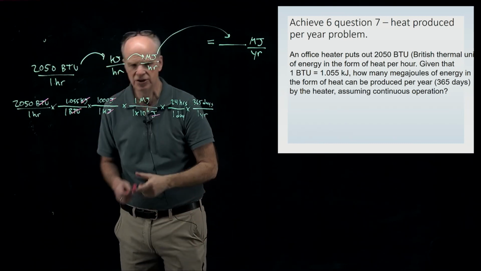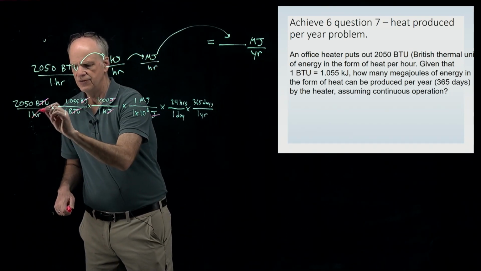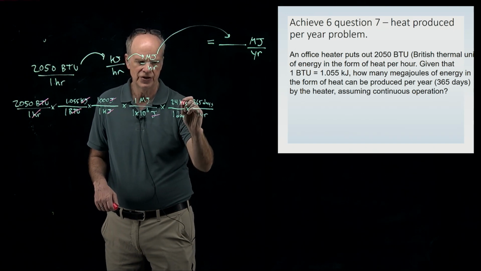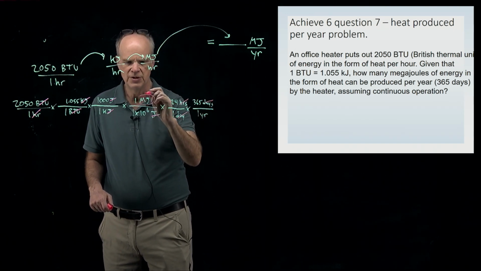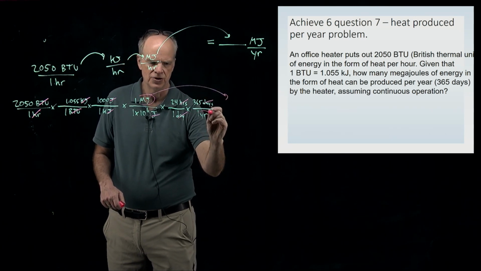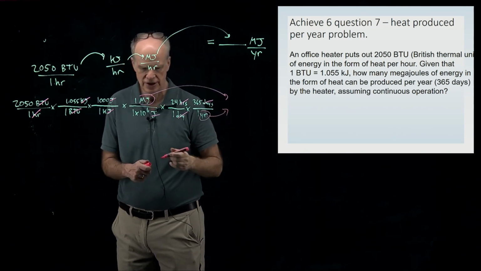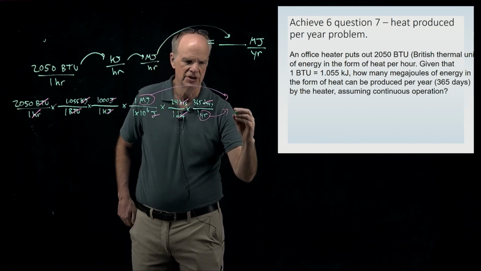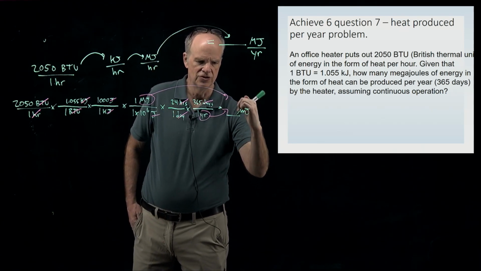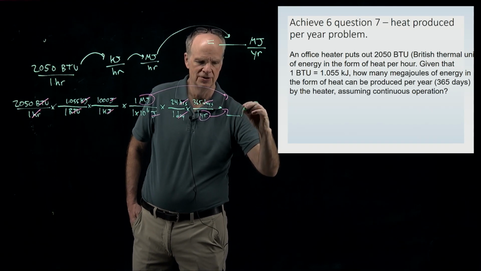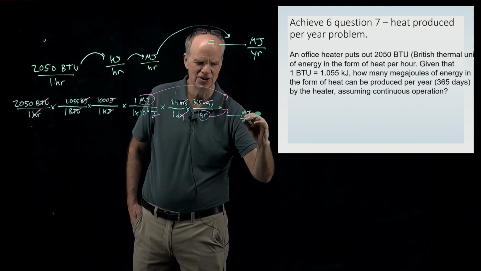Okay, so now I think you can see that the hours will cancel out, the days will cancel out. What you're left with is megajoules per year. So you should have in the end some kind of number here in megajoules, excuse me, that should be a capital M, my mistake, per year.